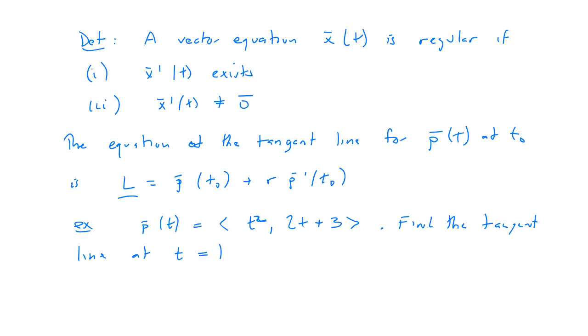To get the regular tangent line, you need a point, which you get by plugging the value into the original function, and then you need a slope, which you get by plugging the number into the derivative.